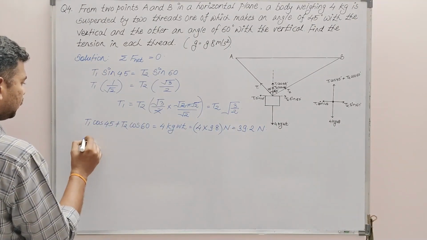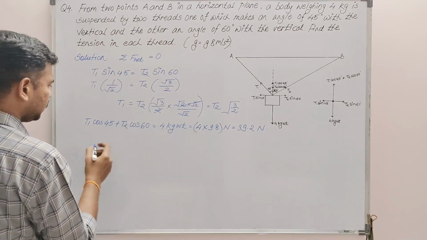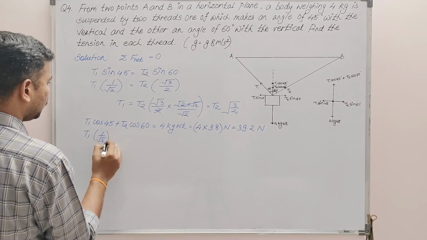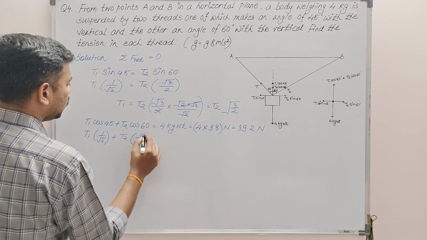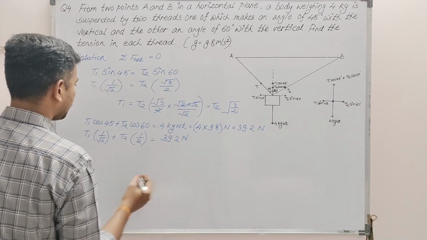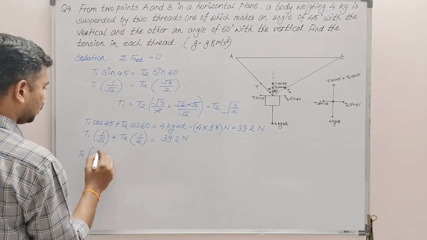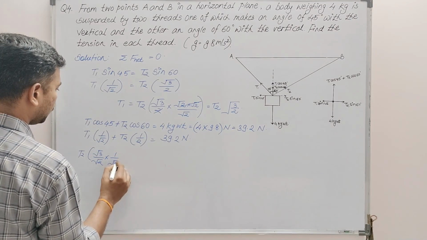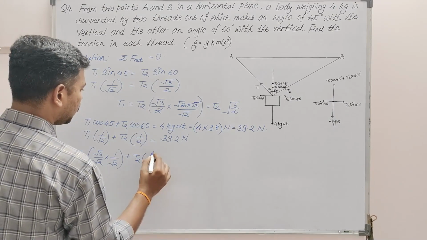We can replace it here, but before that, let's substitute the values of cos 45 and cos 60. That is T1 into 1 by root 2, plus T2 into 1 by 2, equals 39.2 Newton. Now T1 is T2 into root 3 by root 2 into 1 by root 2, plus T2 into 1 by 2.